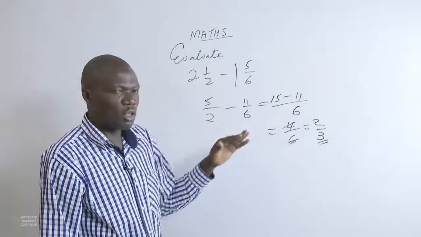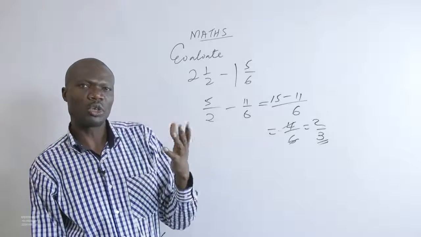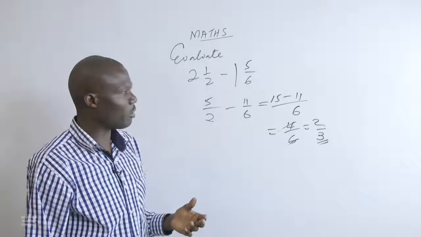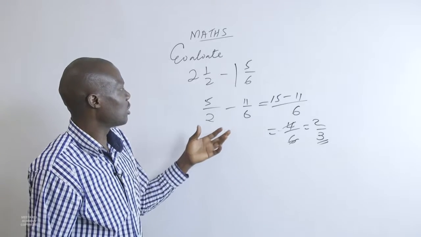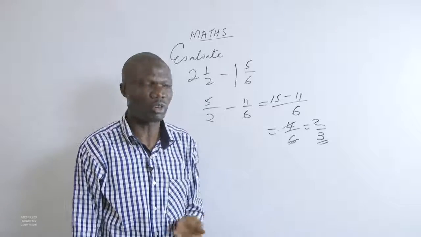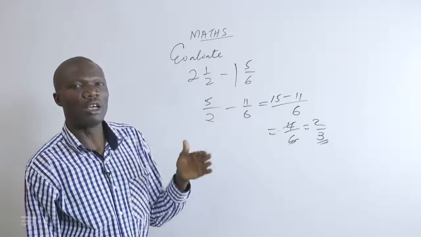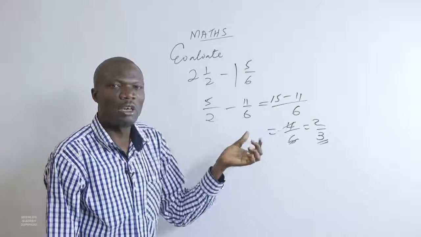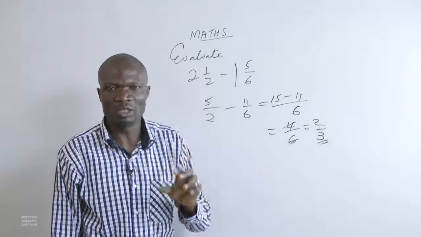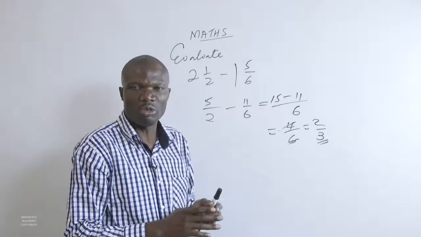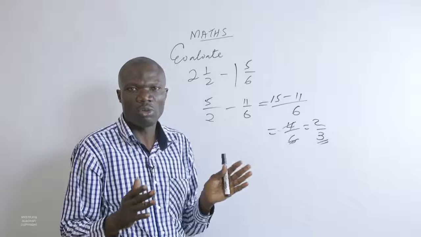Now, we've worked through this, but there are also other methods which I want you to look at. We looked at them in our previous classes when we were doing computation of fractions, addition and subtraction of fractions. I want you to look at the other methods we can use to evaluate mixed numerals if we don't want to convert everything into improper fractions and then add or subtract.